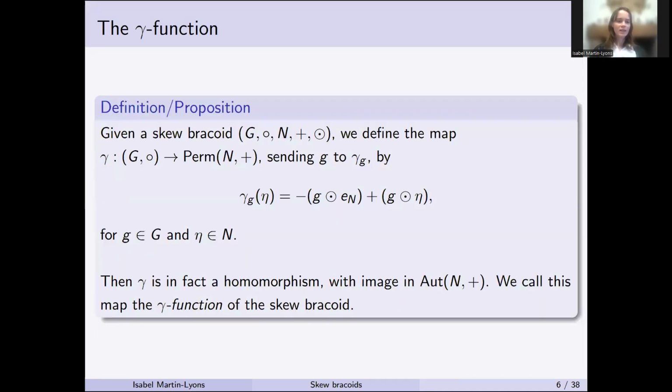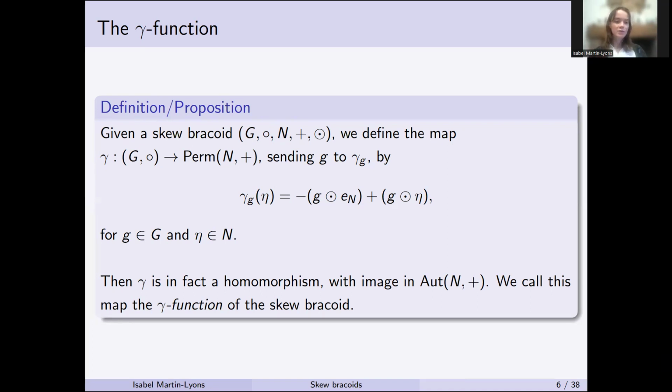Okay, so in the title of this section we included the gamma function. What is it? If we take any skew bracoid, we can define a map from the multiplicative group (G, ∘) into the permutations of the additive group (N, +). We define this by γ_g(η) = −g ⊙ 0 + g ⊙ η, which is the second two terms in our distribution relation.